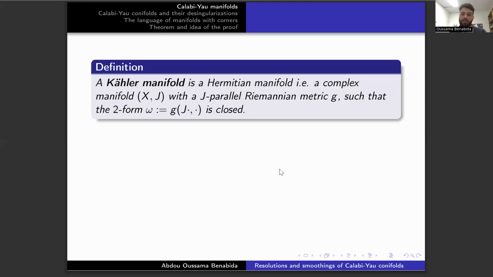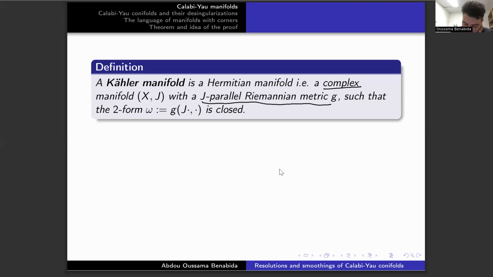And now we look at Kähler manifolds. A Kähler manifold is a certain type of complex manifold with additional structure. First of all, it's a Hermitian manifold. This means that it's a complex manifold with a J-parallel Riemannian metric, a Riemannian metric which is compatible with the complex structure.